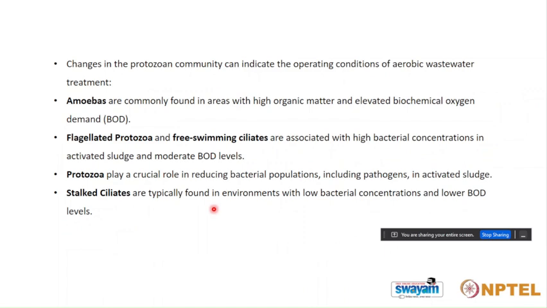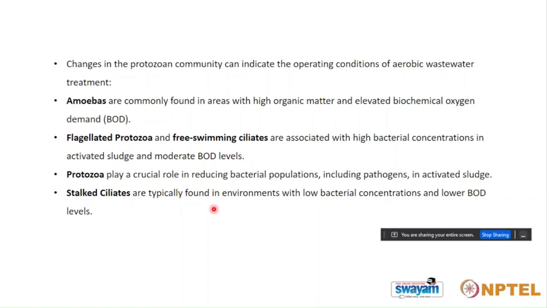If there are changes in the protozoan community, it indicates there are some changes in the aerobic wastewater treatment. So we can use this protozoan community as an indicator for changes in different aerobic wastewater treatment parameters.